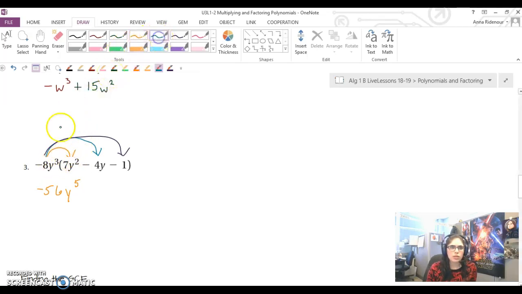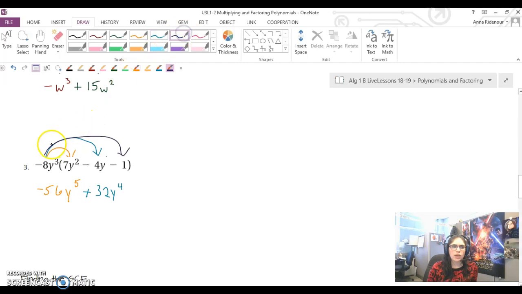And then I multiply times the middle term, which is minus 4y. Negative 8 times negative 4 gives me plus 32. Yep, 32y to the fourth, because I add one more to my exponent of 3, since I'm multiplying it by one more y.